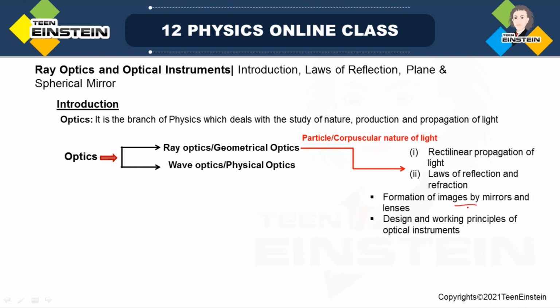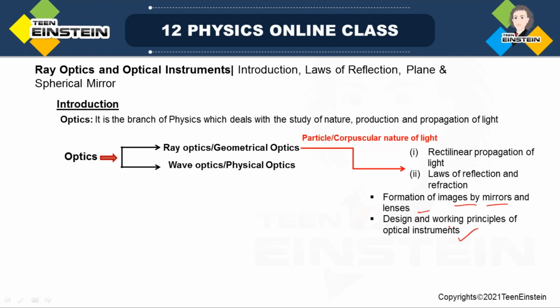we are going to learn how images are formed by mirrors and lenses. Mirrors may be spherical or plane, and lenses are the part of a transparent spherical object, okay, part of that we'll discuss. And we'll discuss the design and working principle of optical instruments.